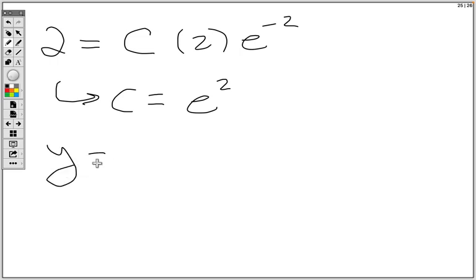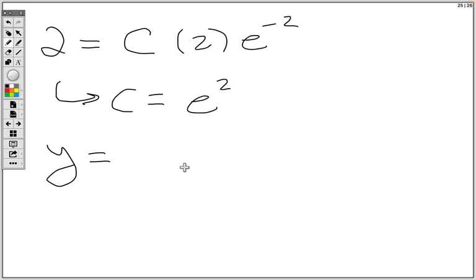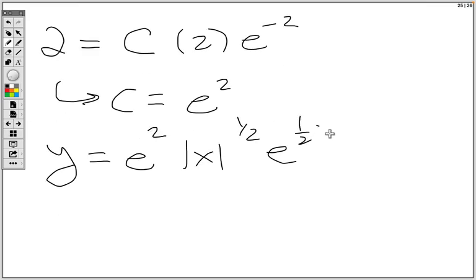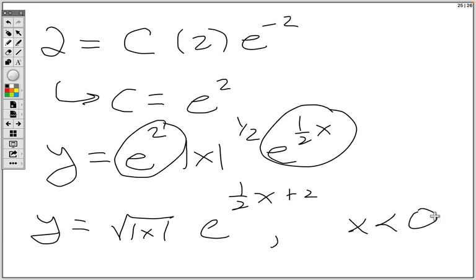So now I can put that back in. Y equals my c, which is e squared, absolute value x to the 1/2, e to the 1/2 x. And we can start then rewriting this. You got base e. We can add those exponents. The 1/2 power is really the square root. And once again, this is valid for x strictly less than 0.